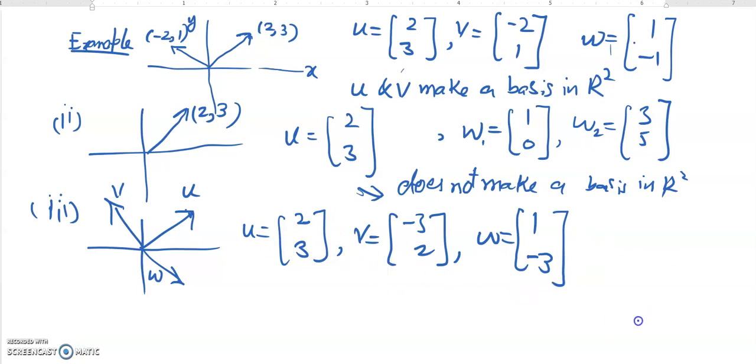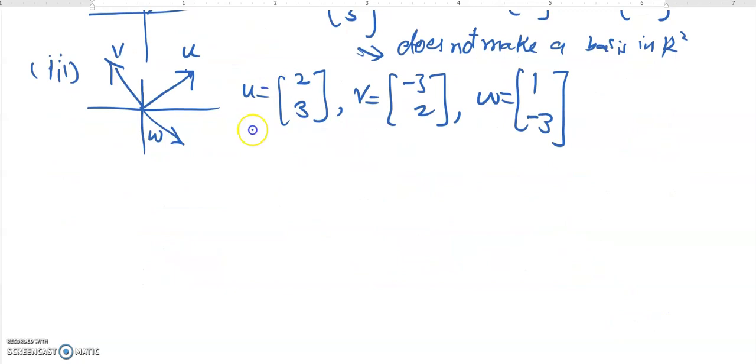Our answer is no, because you can't have 3 vectors as a basis. For vectors to be a basis in R2, we should have not more than 2 vectors, because any third vector will necessarily be linearly dependent on the other two vectors.